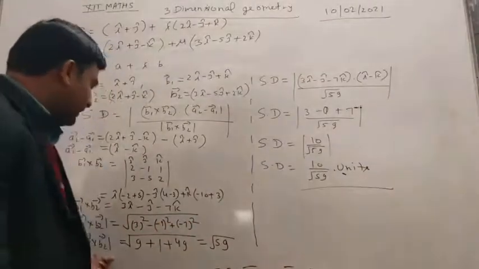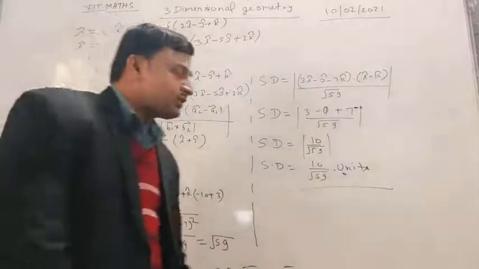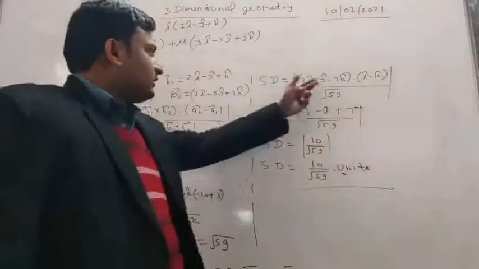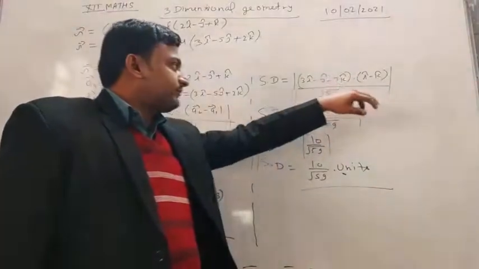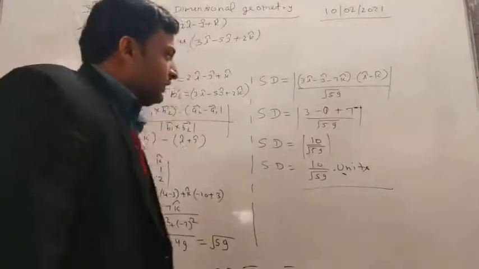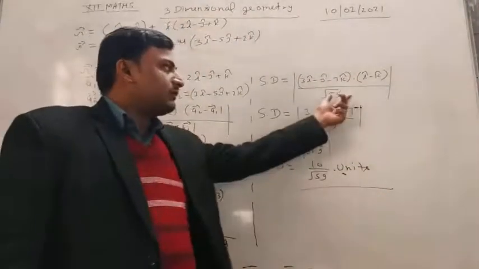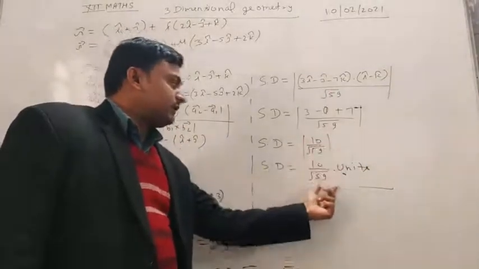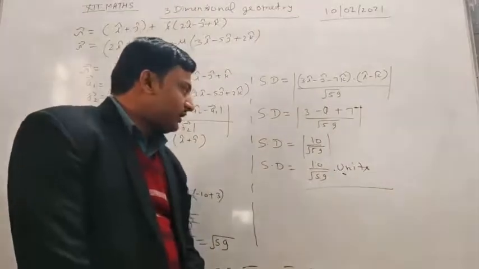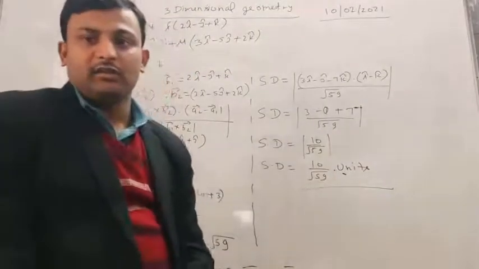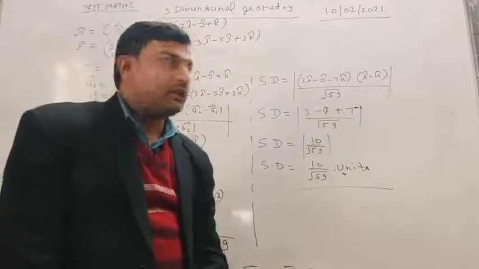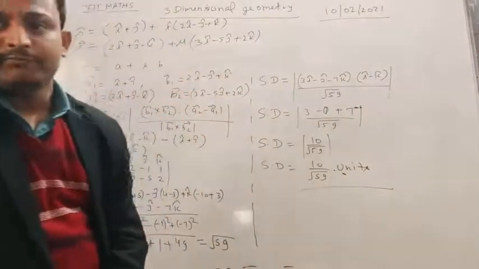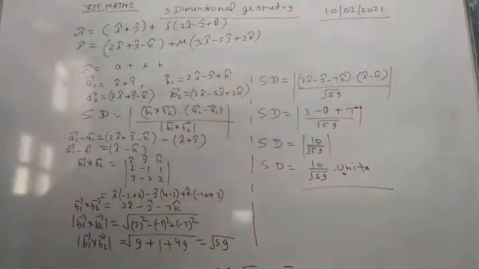So this is our magnitude of b1 cross b2, students, and our shortest distance is this b1 cross b2 dot a2 minus a1 over the magnitude of b1 cross b2. And we get 10 by root 59 units. This is our shortest distance between these two vector equations. Okay, students, I hope you understand. Now we take another question.